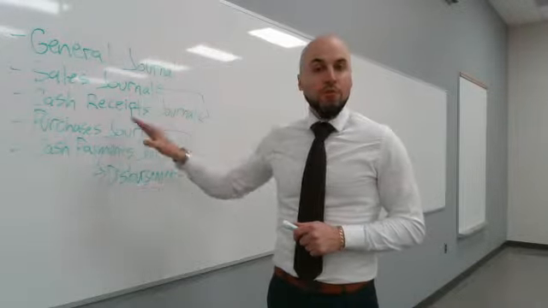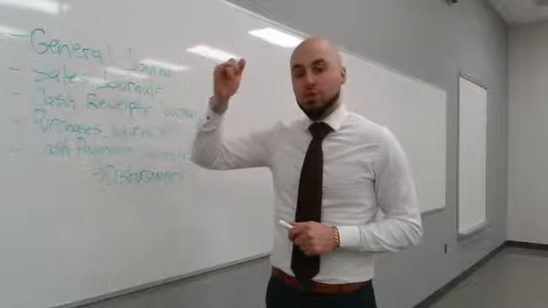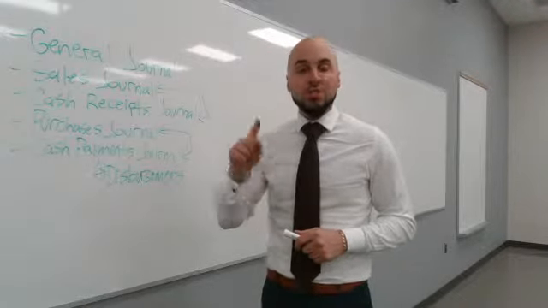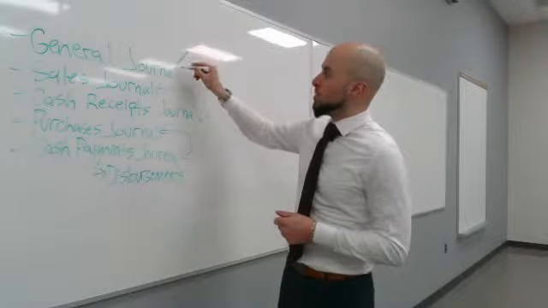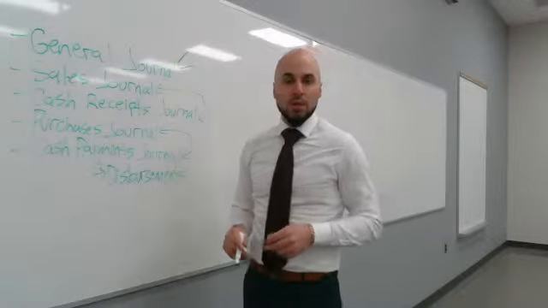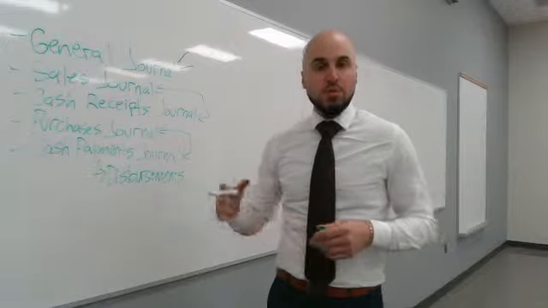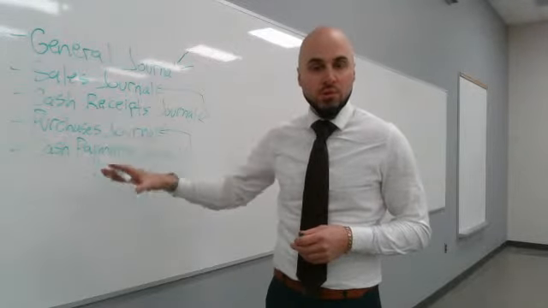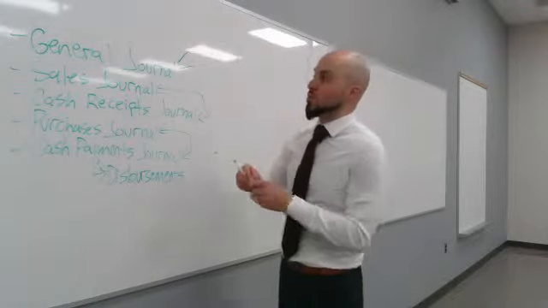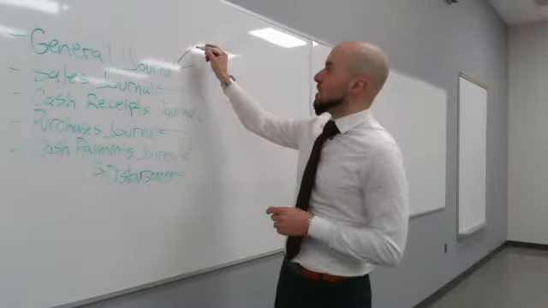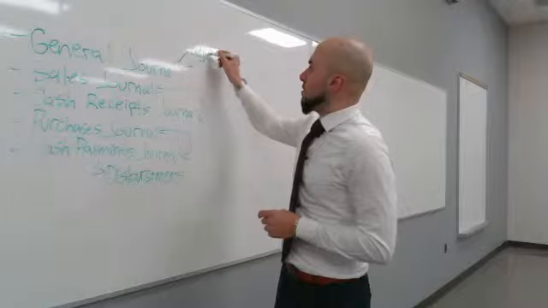Each of these 5 now, including this general journal, will record a certain type of transaction. The general journal will record, and if it helps, take this down because, of course, I'm going to be erasing as we go through the discussion, all of our adjustments.